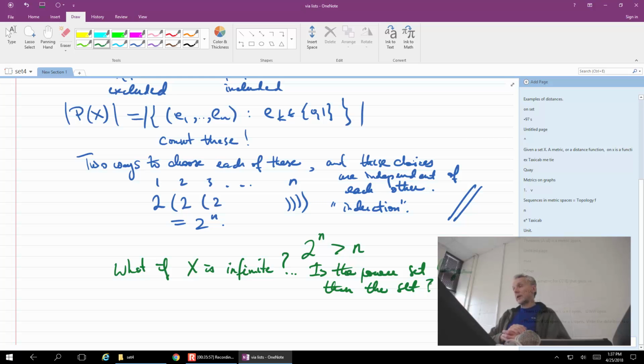Remember, integers versus real numbers, and that was proven by the diagonal argument that one is larger than the other. The number of real numbers is larger than the number of integers, or rational numbers for that matter.